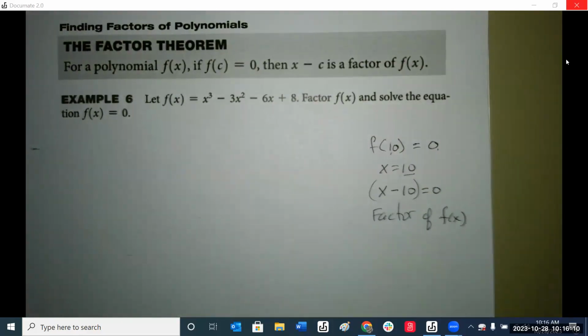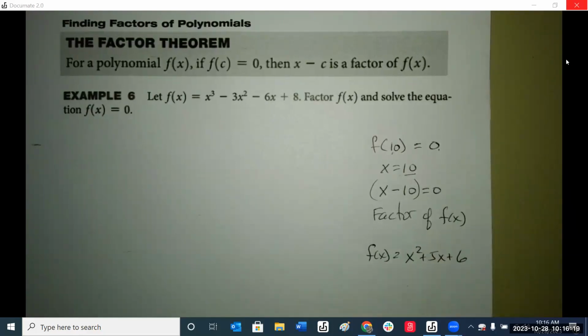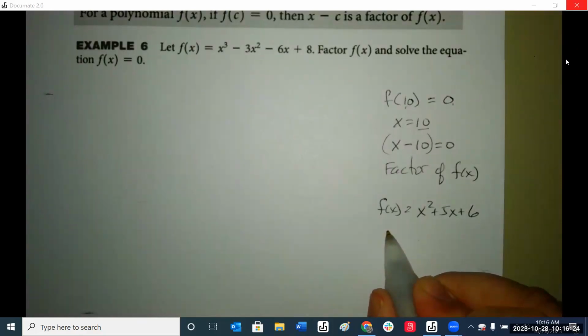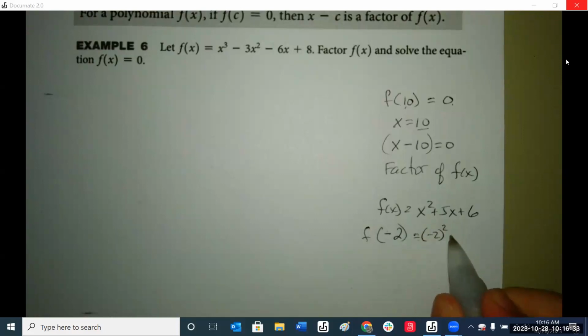Before we do that one, let's look at an example. So my function is x squared plus 5x plus 6. Let's try -2. -2 squared plus 5 times -2 plus 6. -2 squared is 4.